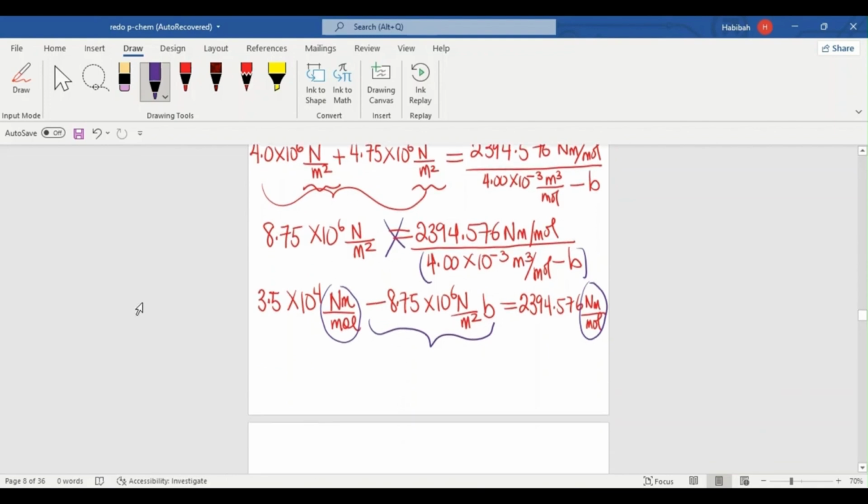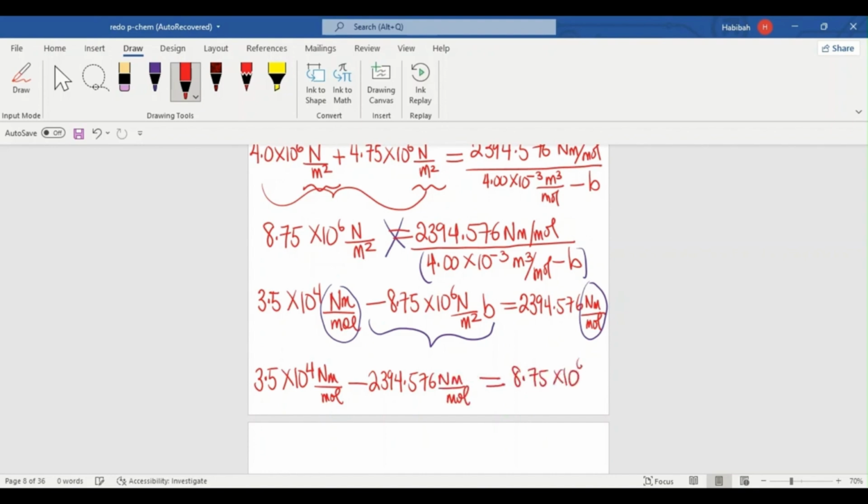So when we group them together, we have 3.5 times 10 to the power of 4 Newton meter per mole, minus 2394.576 Newton meter per mole, equal to 8.75 times 10 to the power of 6 Newton per meter squared, and then of course the B, our variable.